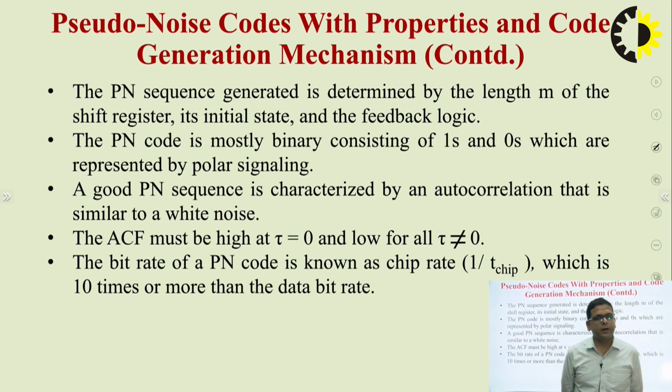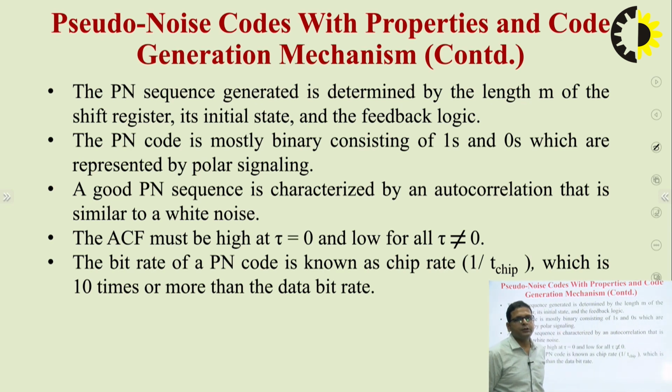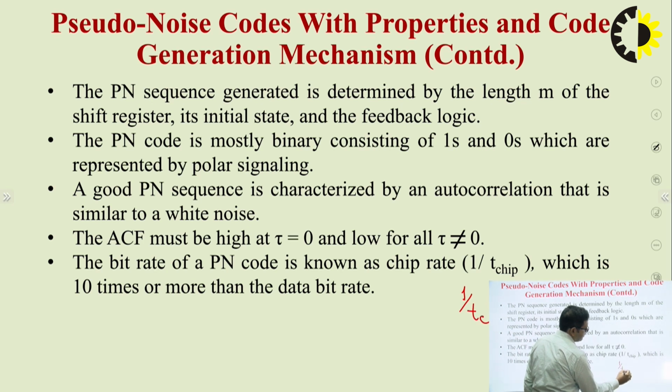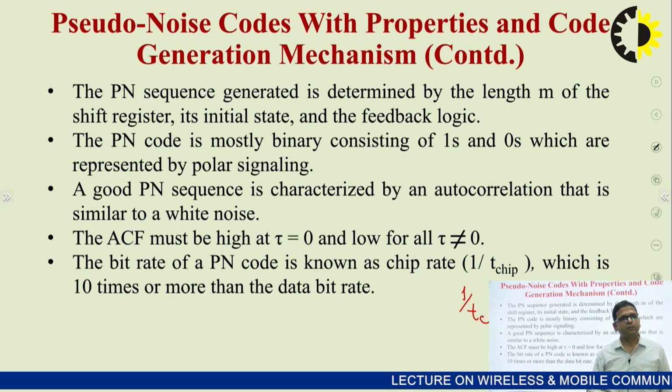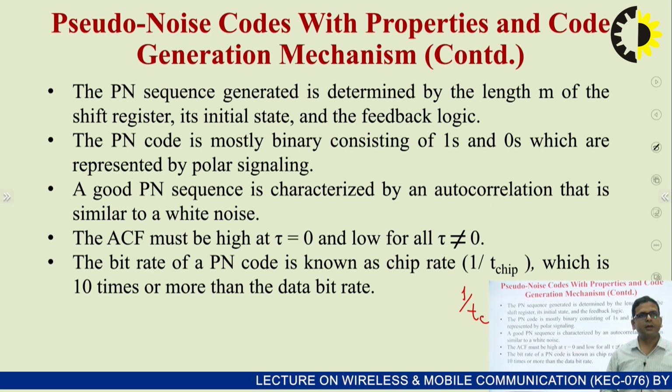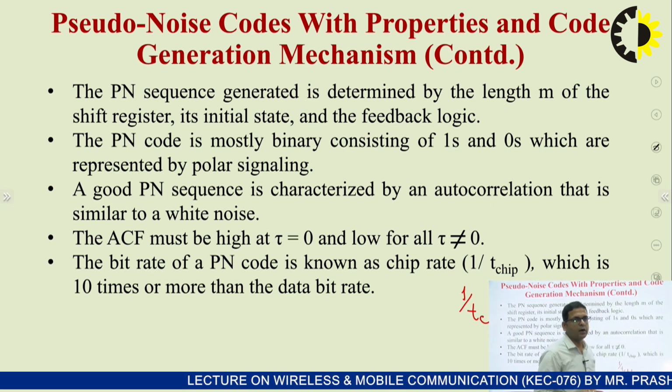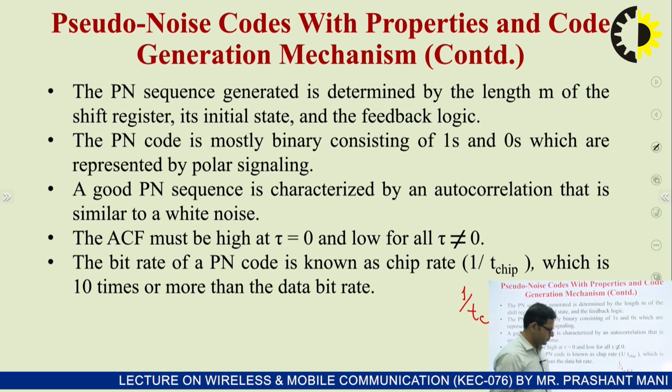The bit rate of a PN code is known as the chip rate, which is defined by 1 by T chip, which is 10 times more than the data bit rate. As I told you, this PN code is mainly responsible for spreading the spectrum of a given signal.